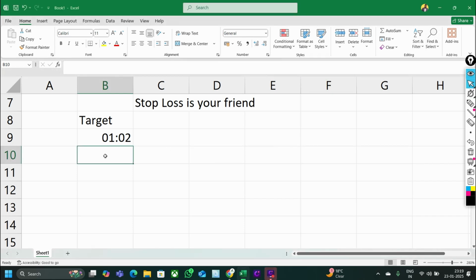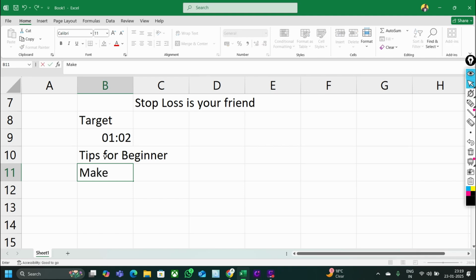I want to give you some tips for beginners. Start with small capital. First put small capital in the stock market. You just have to gain some experience and know about the market, then you can grow your capital. And you can also make a trading journal.